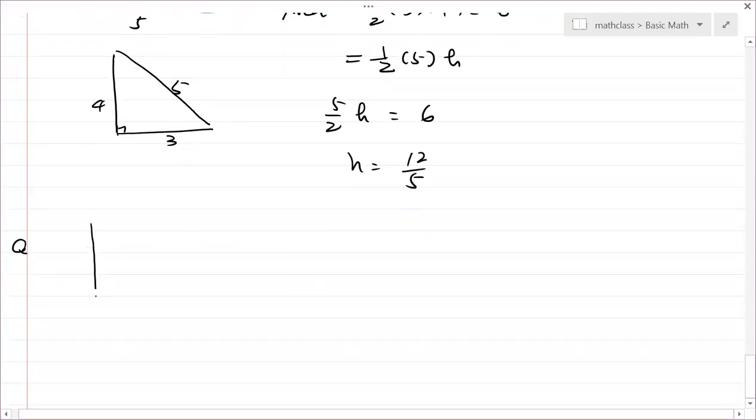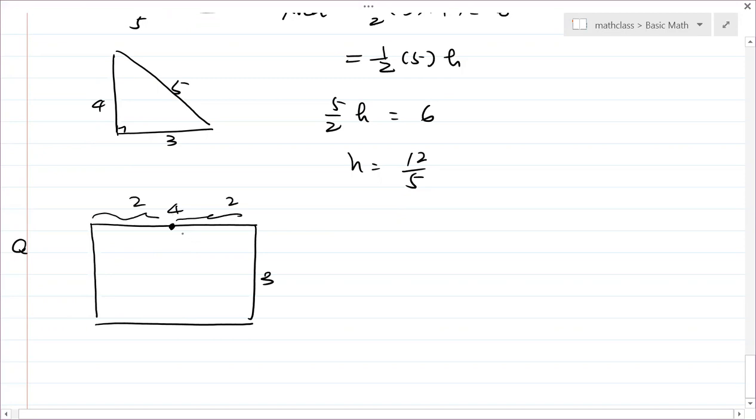Okay, you can always figure out the side. So here's a rectangle. This is a 3, and this is a 4. What I want to do is put the middle point. So this side is 2, 2.